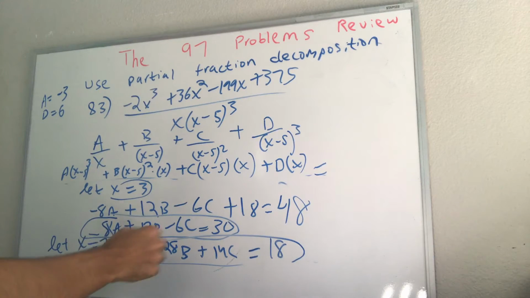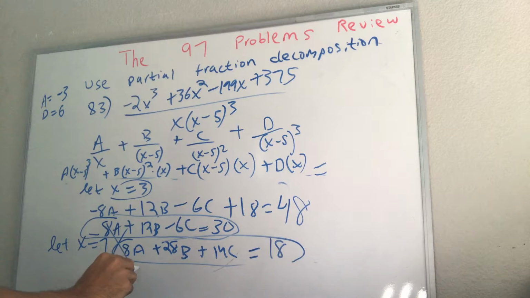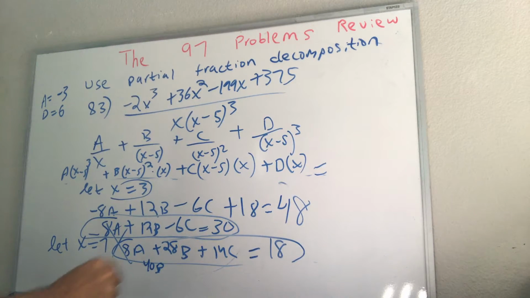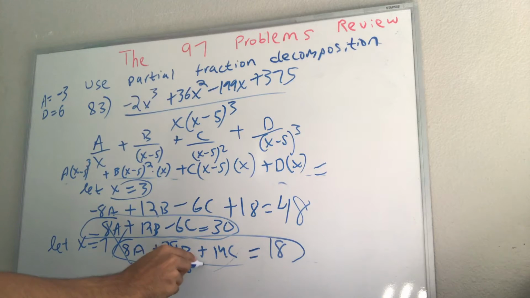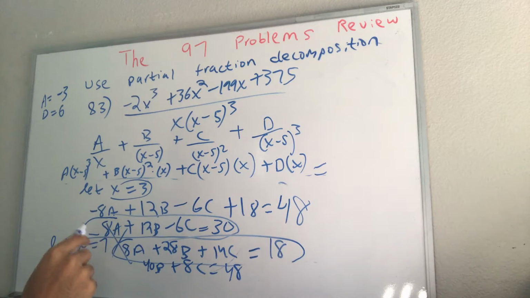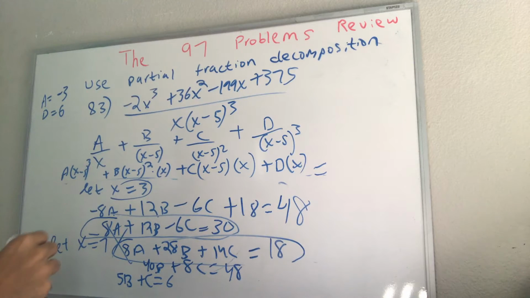So this goes away. We add 28 plus 12, that gives us 40b, and then we obviously add negative 6c and 14c. Well, that's plus 8c is equal to 48. And we can further simplify this as 5b plus c is equal to 6, right? I divided both sides by 8, so obviously this becomes 5b plus c is equal to 6 over here.